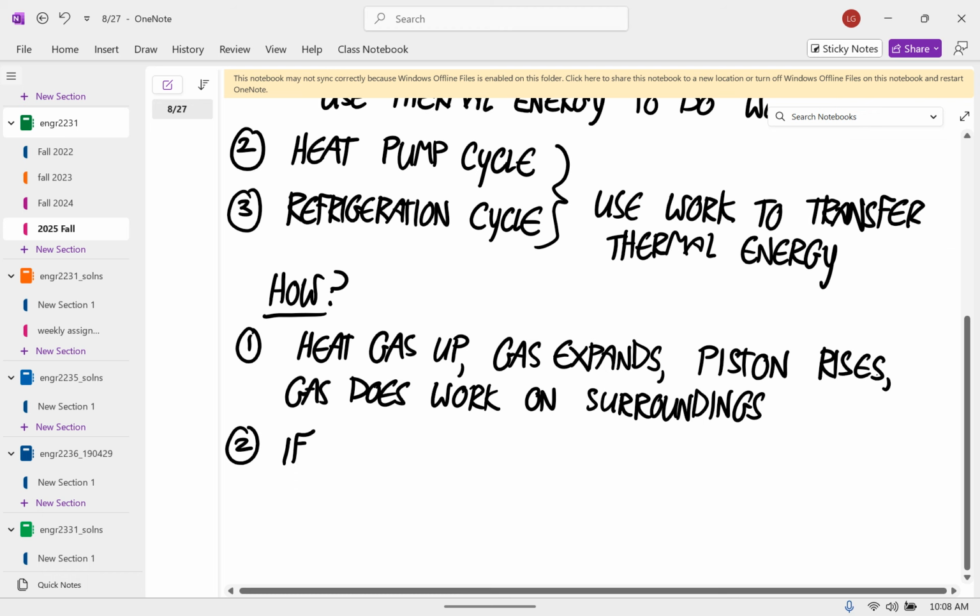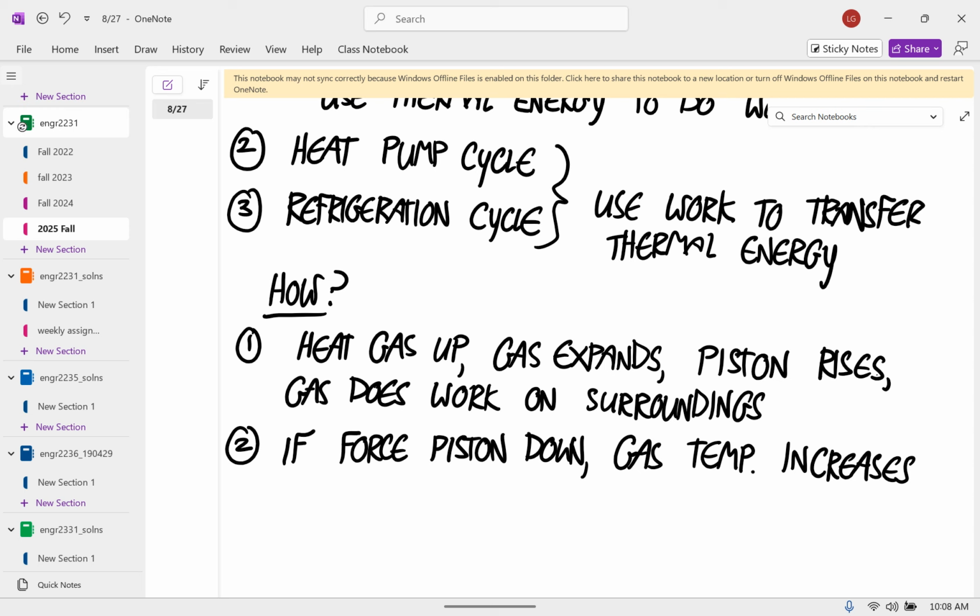Yeah, the pressure goes up. We'll talk about the relations there. I'm just sort of trying to give the most basic, intuitive idea of what we're talking about here. So it's these two simple ideas. Imagine this piston being pretty well insulated, so not a lot of heat is going to be lost from the system. And if you force a piston down, the temperature of the gas goes up. How you would use that to create refrigeration isn't super obvious yet, clearly, but that is the mechanism that we're going to use.